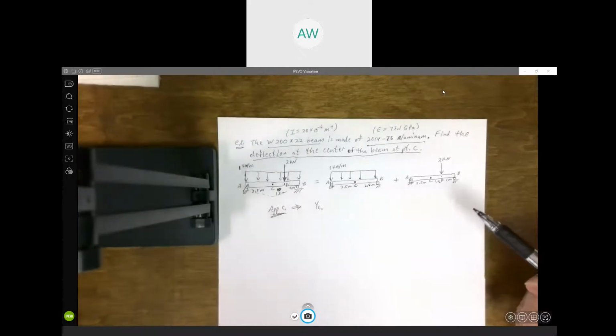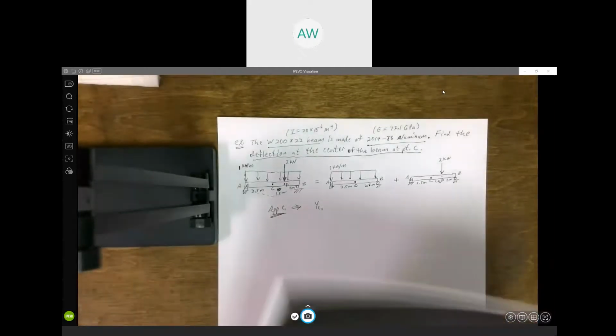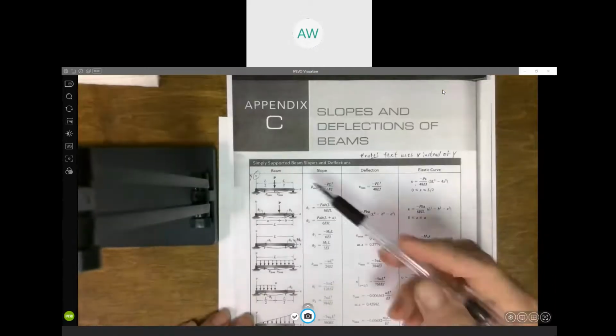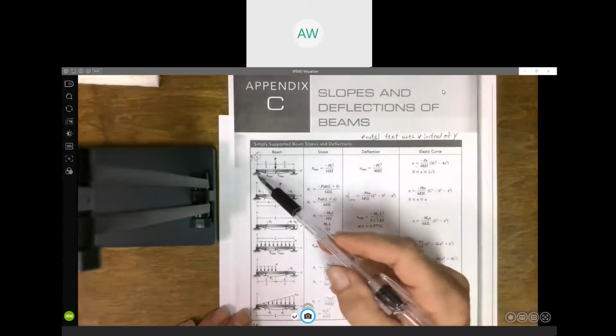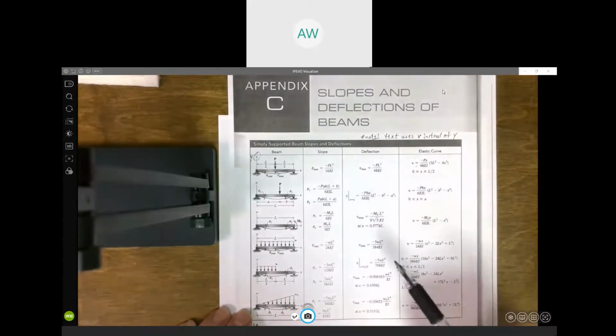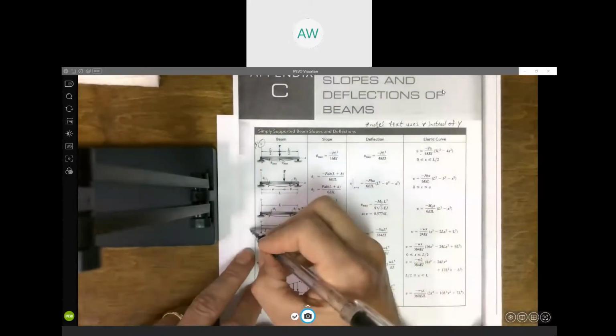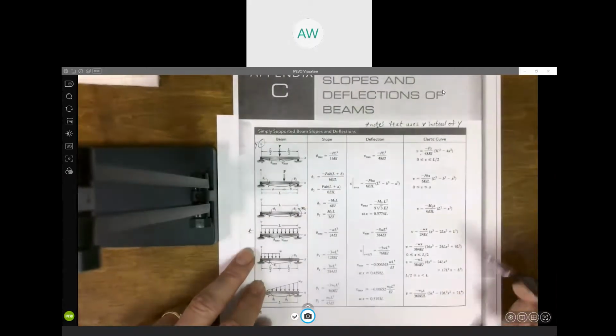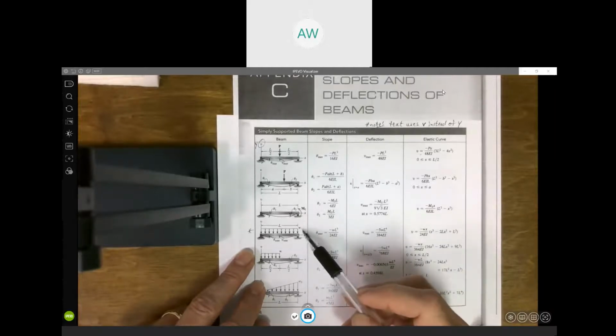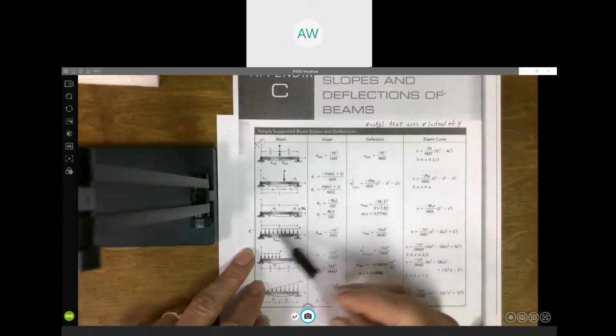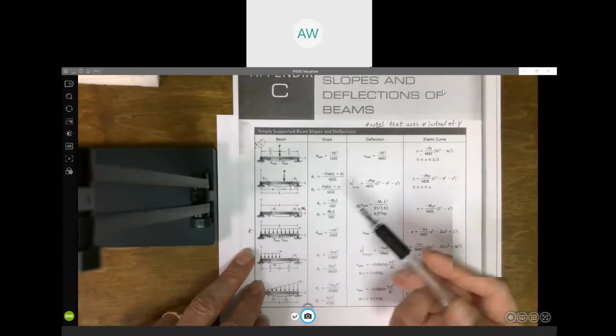So we go to the table, and again, now we're looking at the simply supported, pin and roller at the end, and this is what we have, right? We've got a distributed load constant over the entire length of the beam.